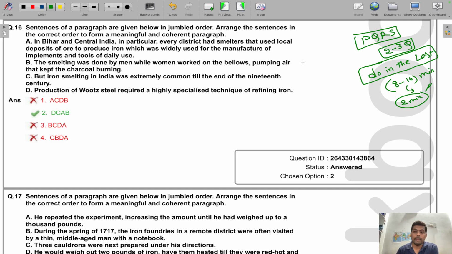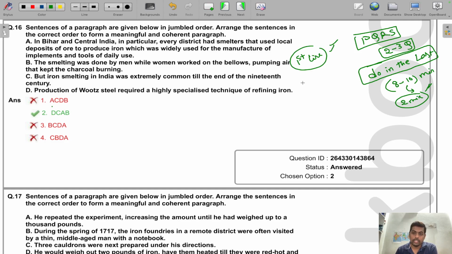Now, how you need to solve the parajumbling is, just go through the options here. The first one is to check whether the first sentence of the parajumble is different or not. If you see here, it is A here, D here, B here, C here, it is different. So if you try to find out the first line of the parajumble, the question will be solved.